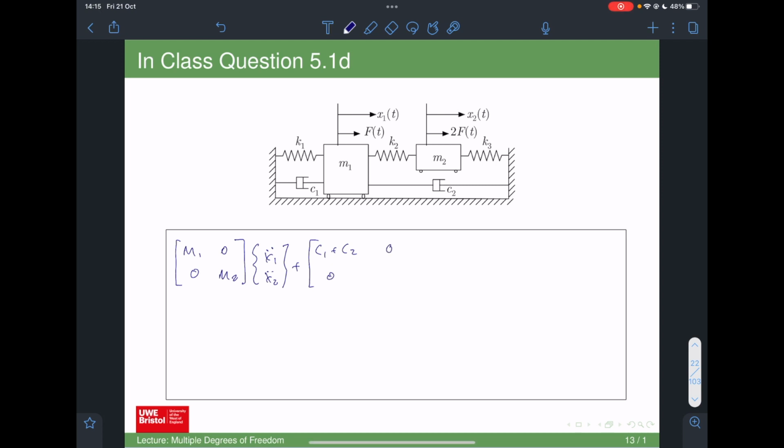For mass 2 there's no dampers, so that's also 0. And then for the stiffness it's K1 plus K2, K2 plus K3, minus K2, minus K2.